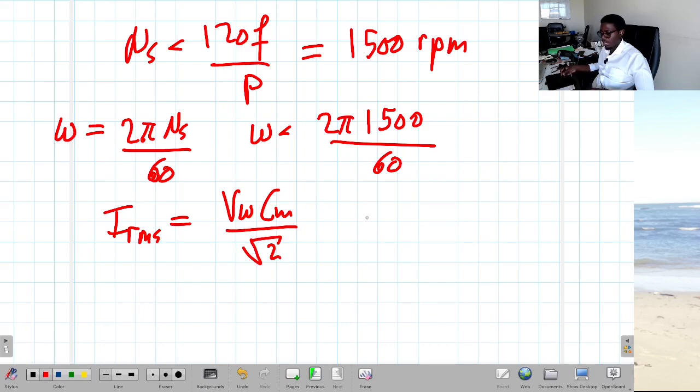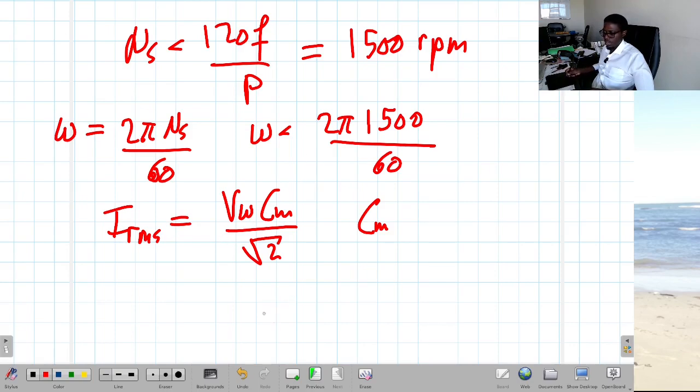And our question is to find the capacitance value, which is Cm. Our omega is this omega now, which is 2 pi 1500 over 60. That's our omega value. And this is how this is coming up.